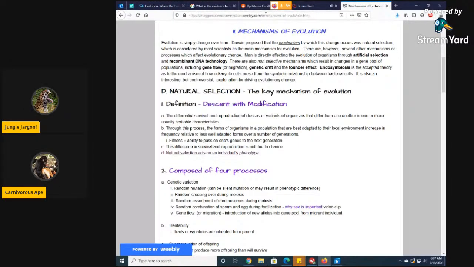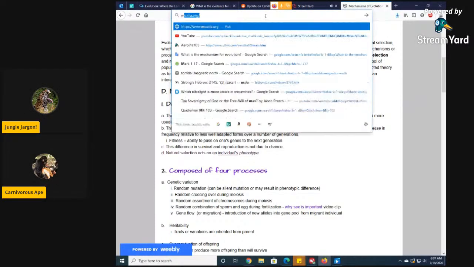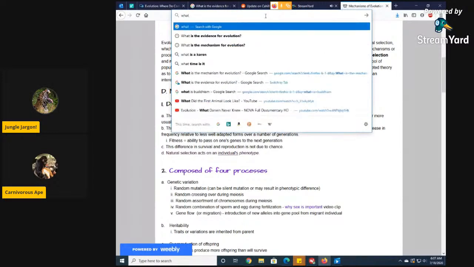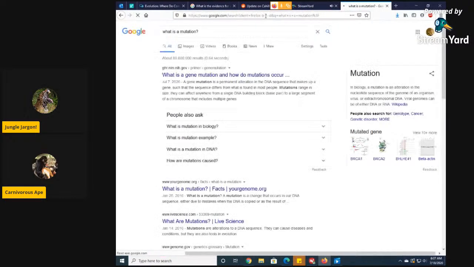Okay, we can do that. This is boring anyway, so let's look it up. Okay, what is a mutation? What is a gene mutation and how do mutations occur?